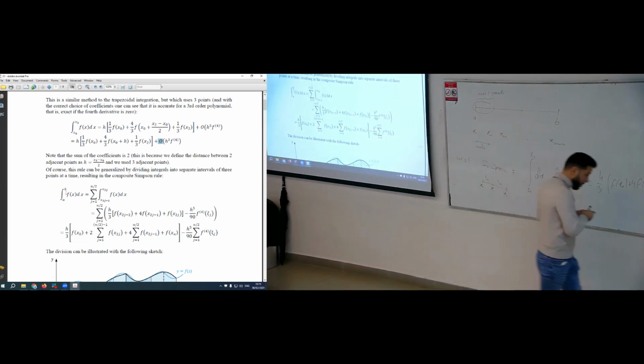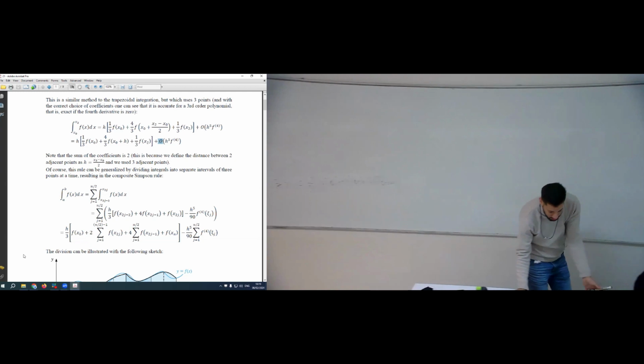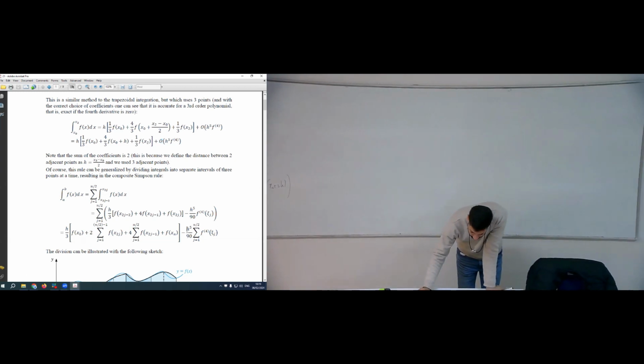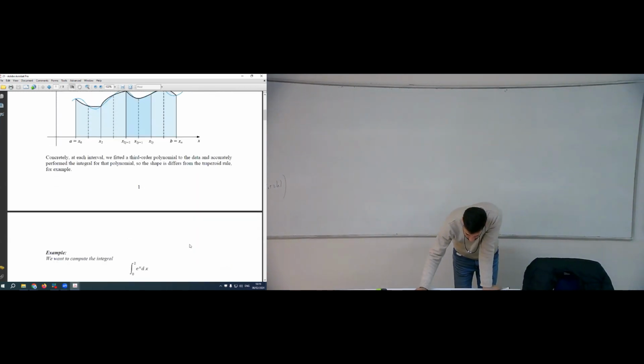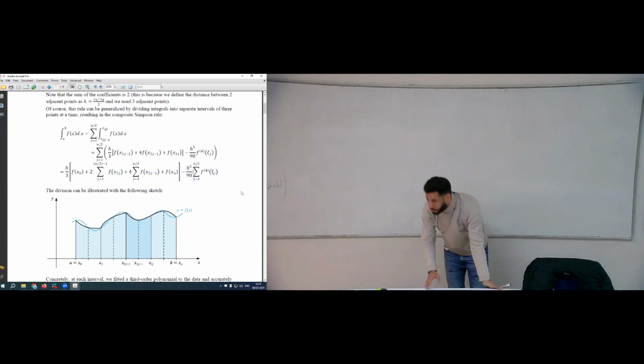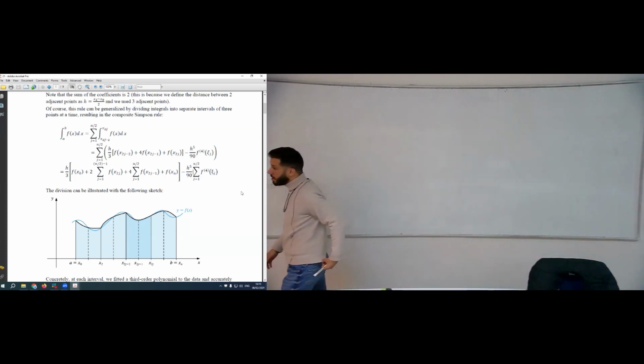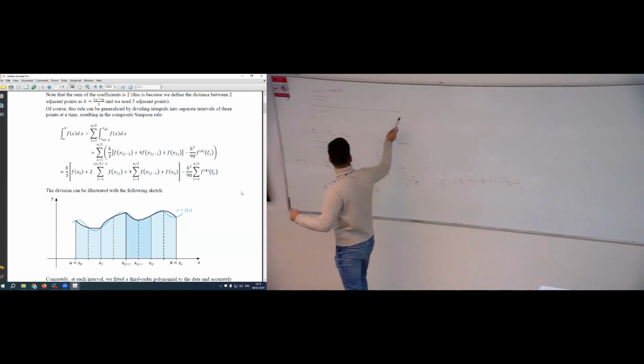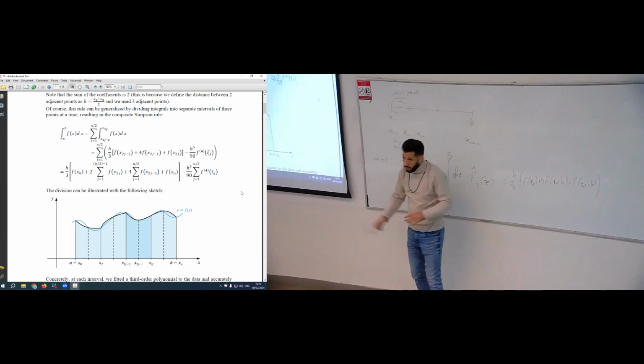So we will get that the total error is of order h to the fourth. Okay, good. We have to write this down: the total error is of order h to the fourth when we talk about the composite way.